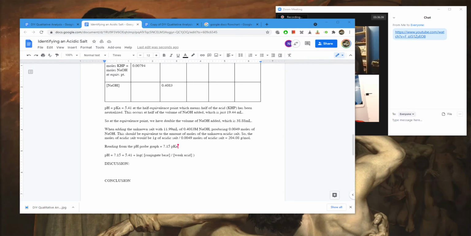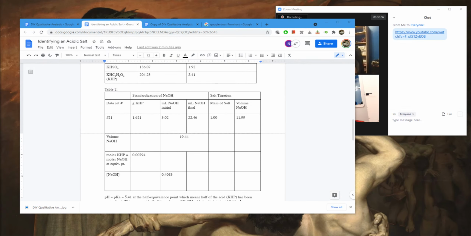So okay, we got 0.0049 moles of the acidic salt divided by... I wish it said. Okay, so I guess at the equivalence point, moles of that is equal to moles of that concentrate.